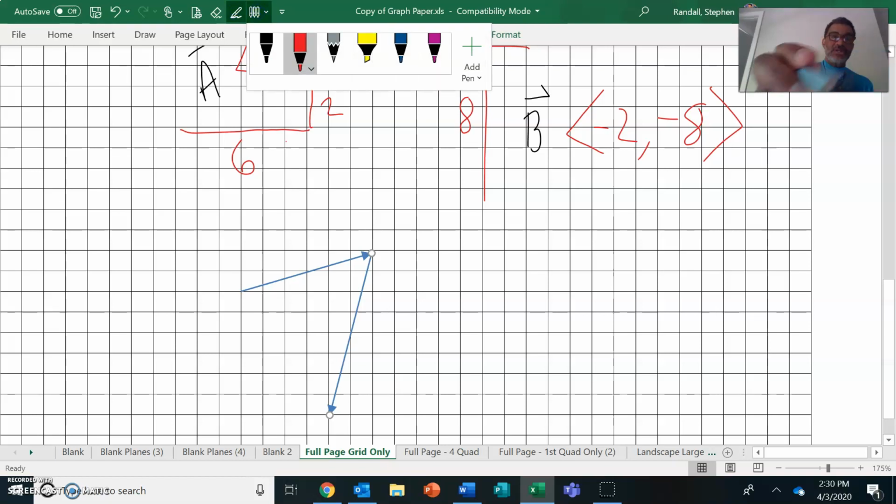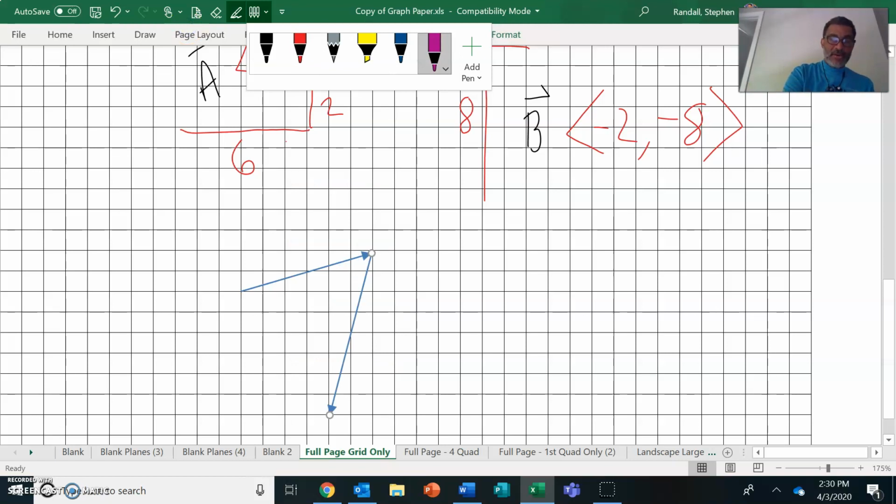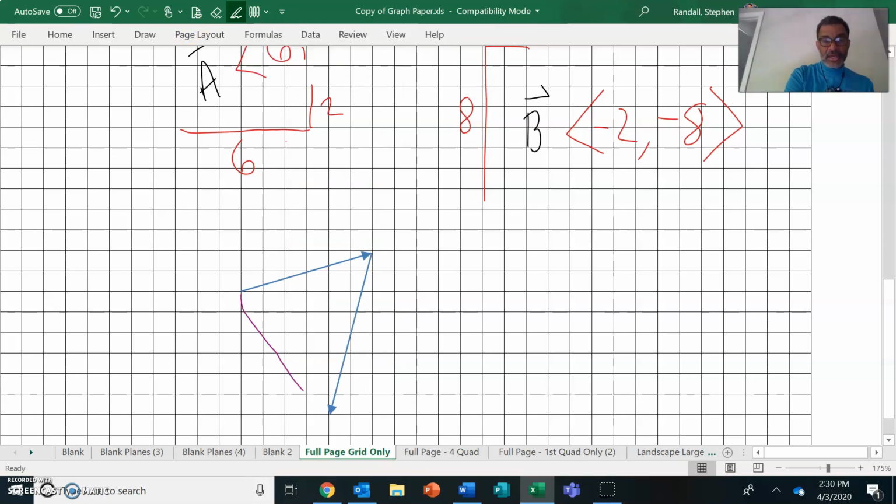Let's draw the resultant in purple. The resultant starts here and goes there. It goes over 1, 2, 3, 4 and goes down 1, 2, 3, 4, 5, 6. So it's -6. The resultant is 4, -6. You can see that because it's on the coordinate plane.